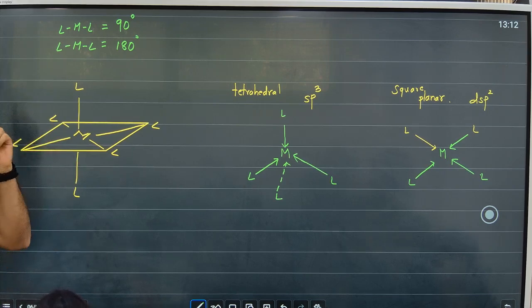And hence increase of energy of dx square minus y square and dz square.